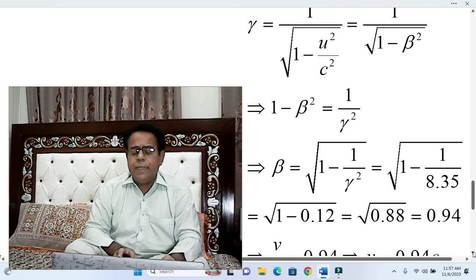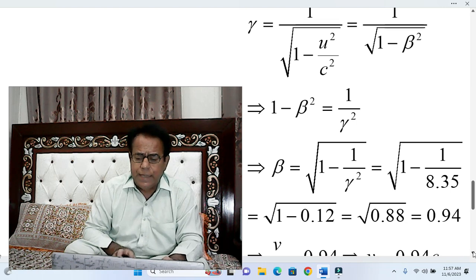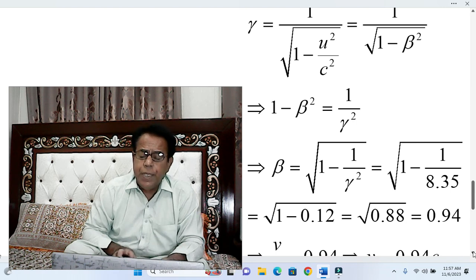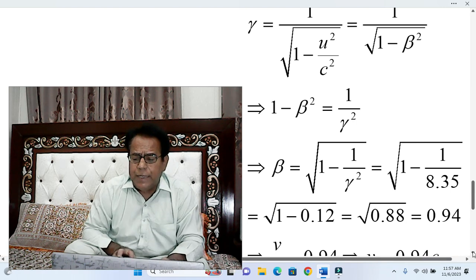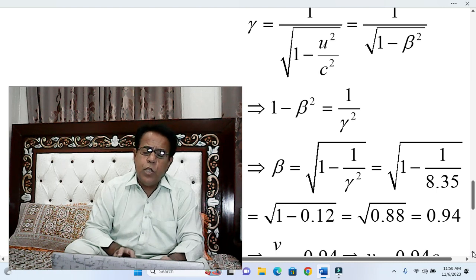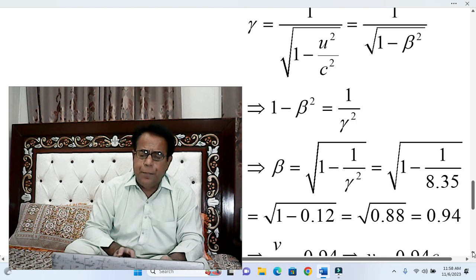This implies that under root 1 minus beta square is equal to 1 over gamma. What we have done is shifted under root 1 minus beta square to the other side of equality, so from denominator it has been shifted to numerator.